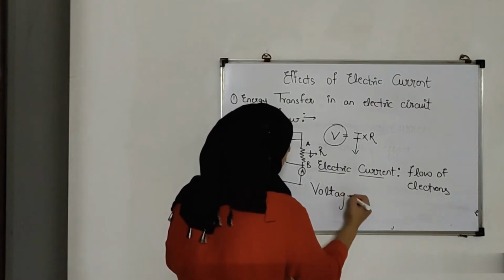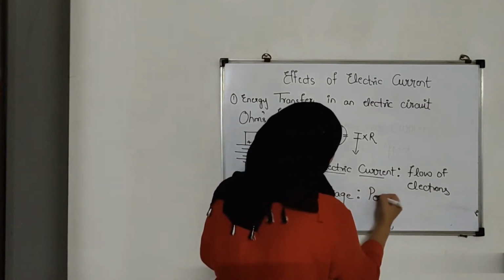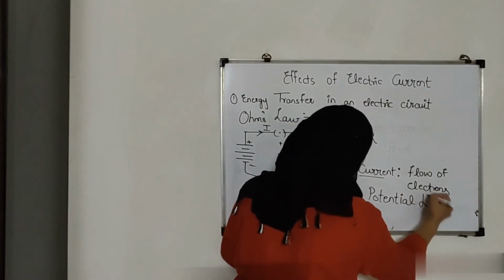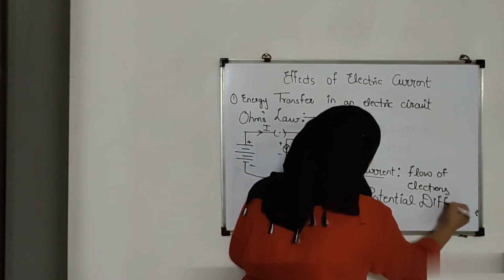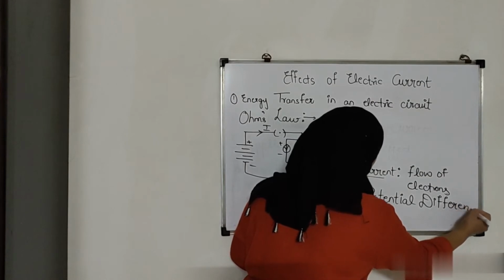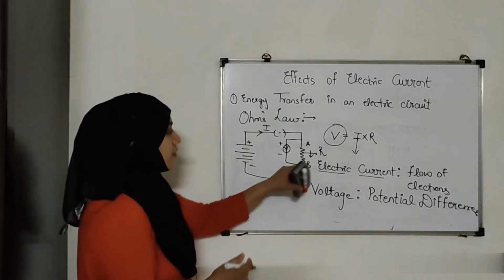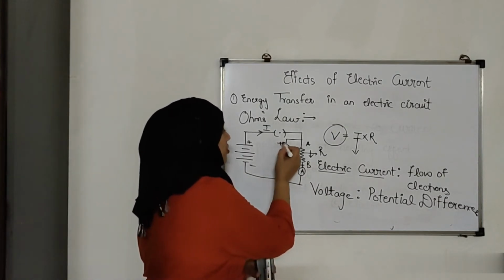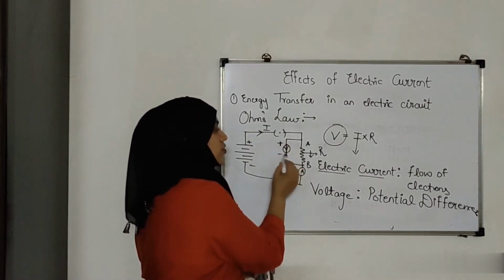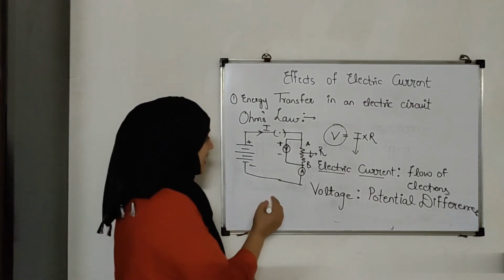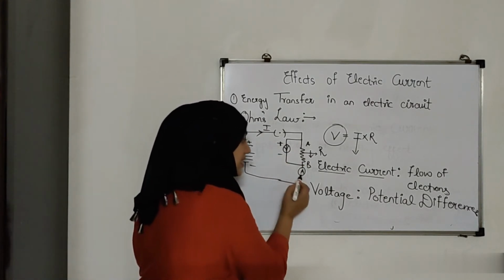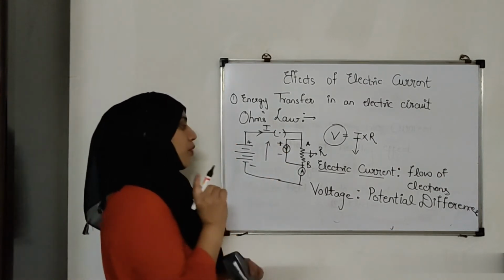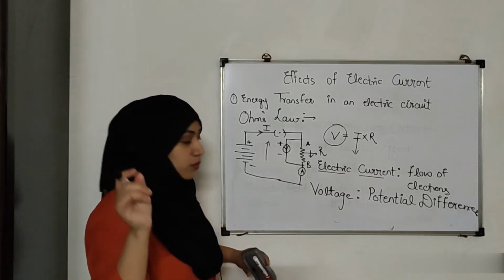Voltage is the potential difference because of which the electrons are flowing. See, for the electrons to flow, there is this voltage difference because of which the electrons are flowing. In this case, electrons flow, when I consider electric current, from the negative potential to the positive potential. I am going to tell you why.